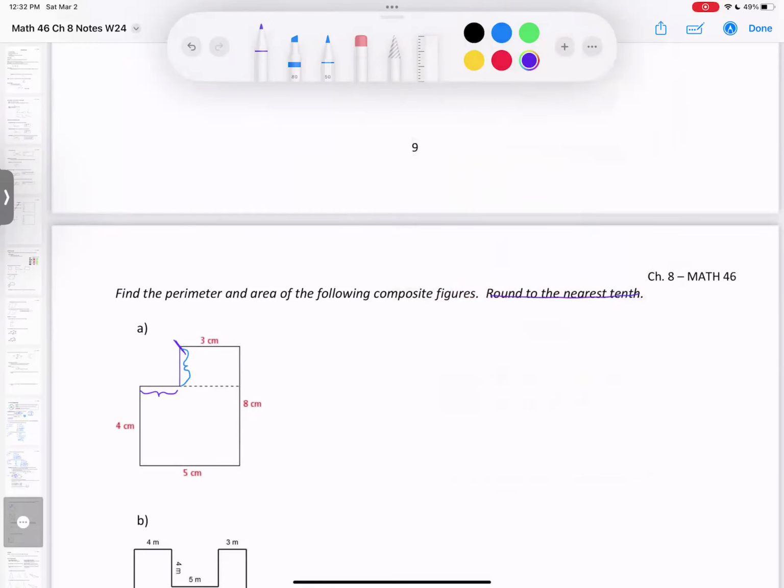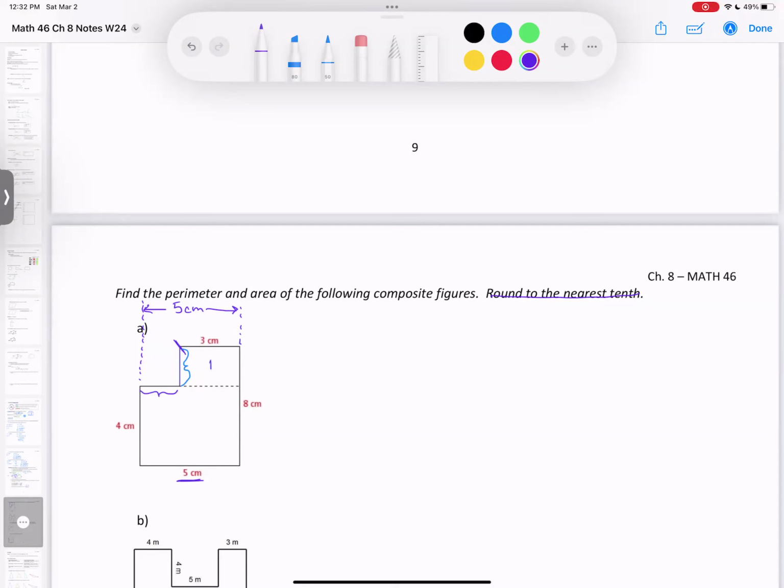We know that the overall width of this shape is 5 centimeters. So I could extend it up here. Sometimes it's easier to visualize if you do that. This entire width up here is 5 centimeters, and you can see that we've already used up 3 centimeters with this.